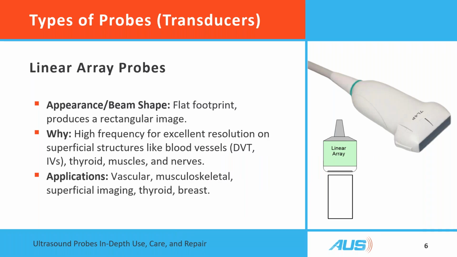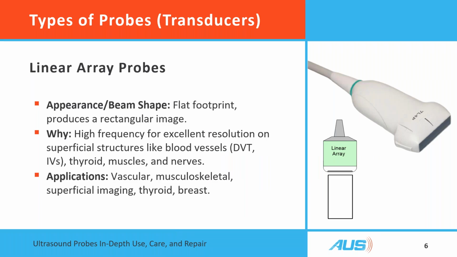I like to point that out. When we're talking linear probes, most of the linear probes stay in the 7 megahertz to 18 megahertz range. So 7 to 18 is a fairly common frequency range for linear probes. There are those that go outside of that, but those are the most common.